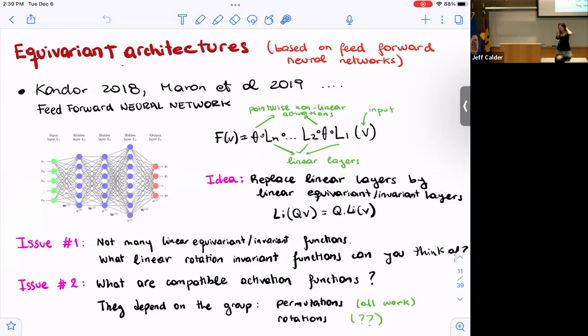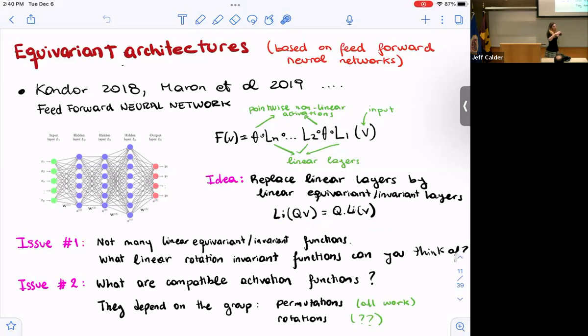Mm-hmm. And so the first idea is, what can we do if we replace the linear layers by linear equivariant or invariant layers? So basically linear functions that satisfy that. And this has two issues. The main issue is that there are not that many linear invariant functions.